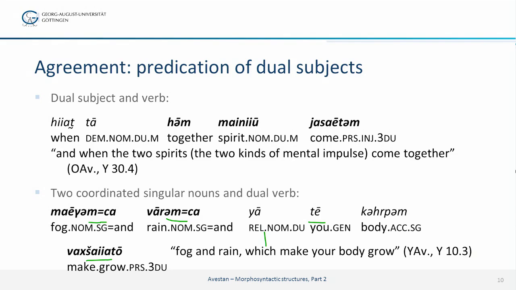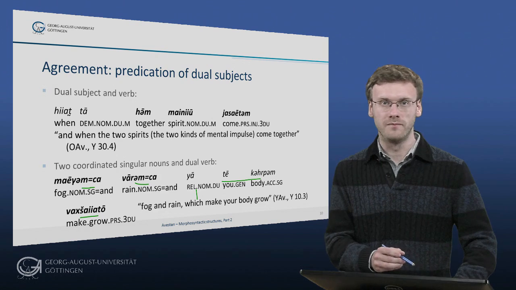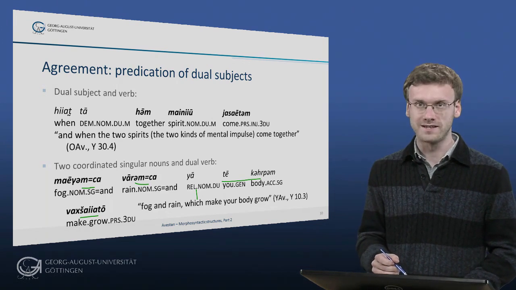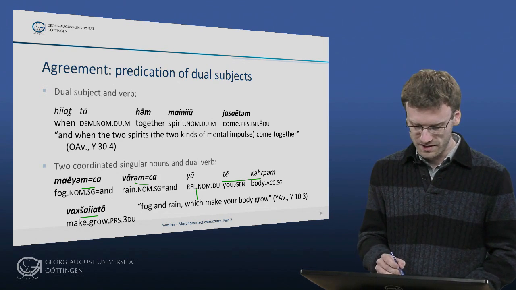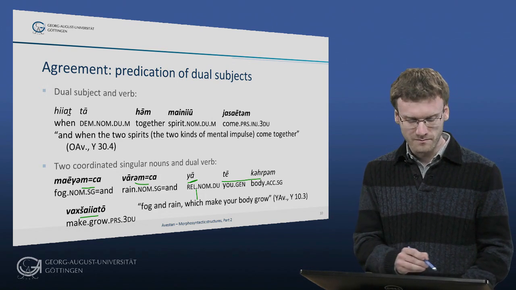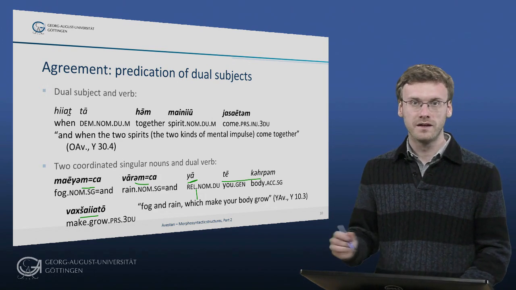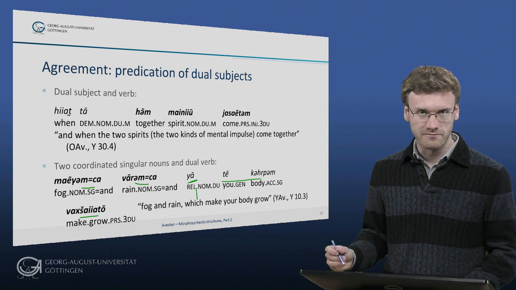And here, vərəzayatō is a dual verb, agreeing with the two nouns. Or more precisely, it is in fact the dual relative pronoun yā which agrees with the nouns, and the relative pronoun then itself agrees with the verb.